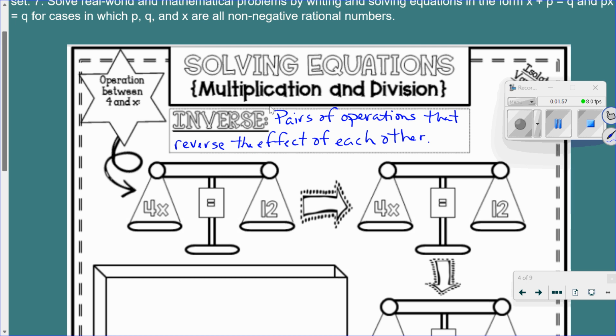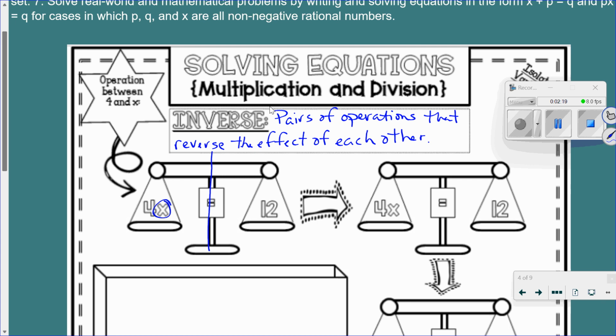Okay? So, it's all about balancing. Anything I do to one side, I have to do to the other side in order to get my variable by itself. So it starts by identifying where my variable is. That's why we circle it. And then we draw the line because that scale has to happen on both sides.